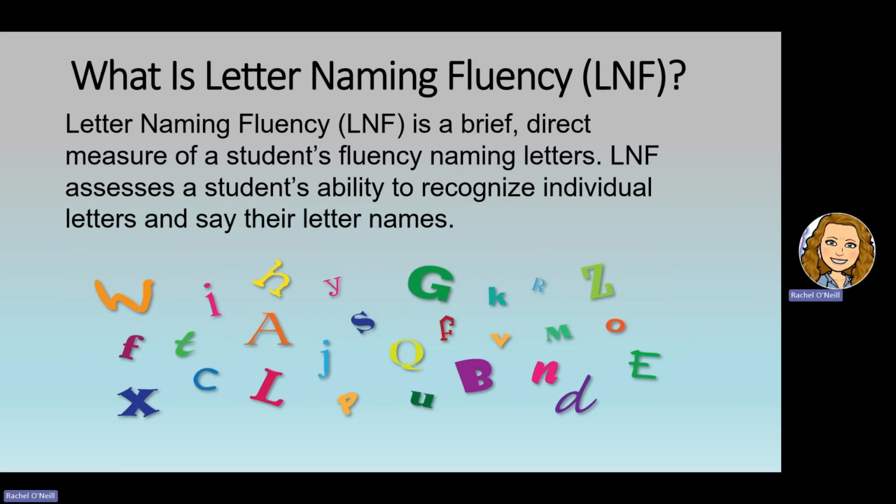Fluency gets at the extent to which children can name the letters easily and accurately, the extent to which children are really solid, strong in their knowledge of letter names. For young children, it is an indicator that they are familiar with the alphabet.